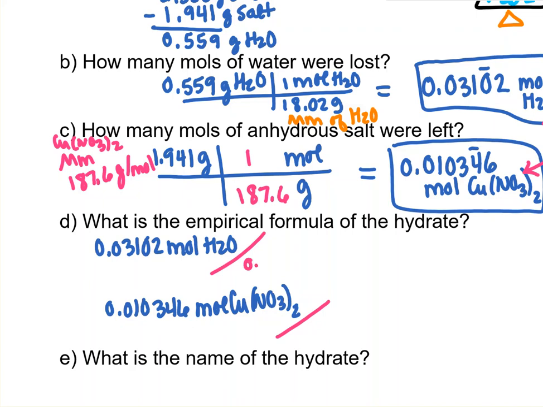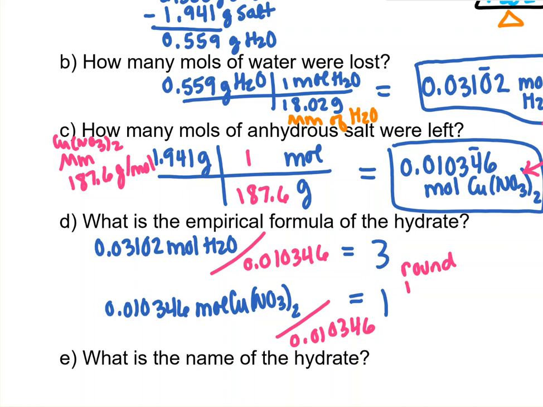So I'll divide them both by that. And at this point, on the lab ones, because we don't have a number in the front, and the number in the front is a 1, here you'll round to a whole number.